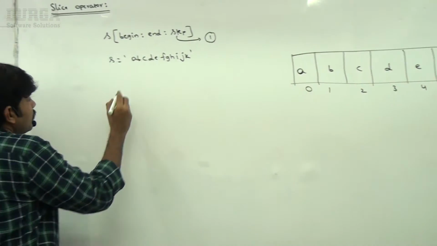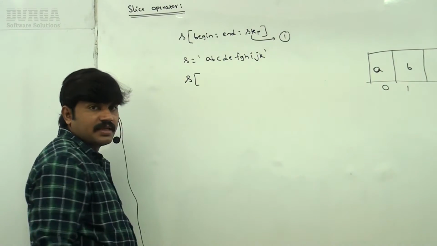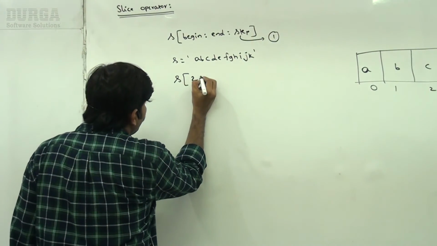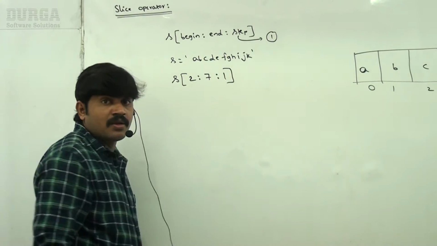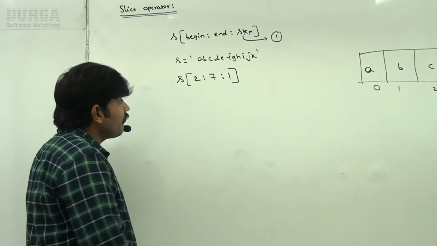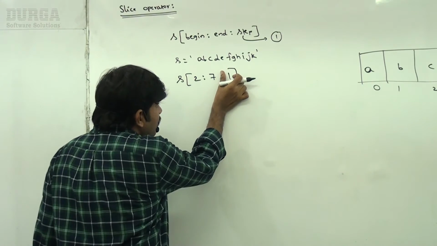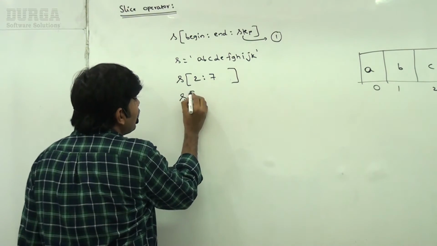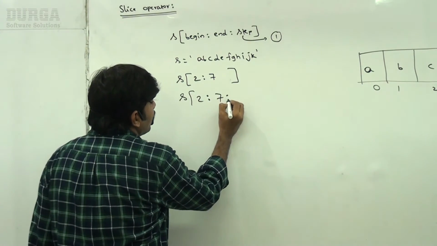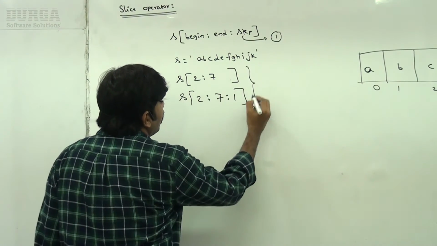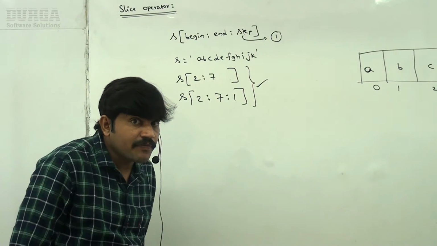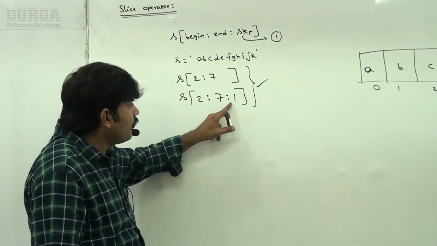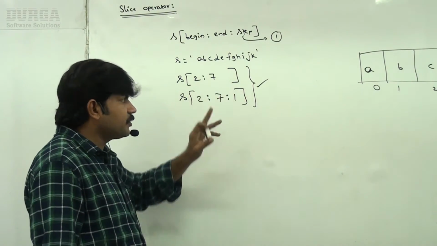Now S of 2 to 7 colon 1. Whether we take colon 1 or we don't, both are the same. The reason is the default value for step is 1. Here we specified it explicitly, there we didn't specify.